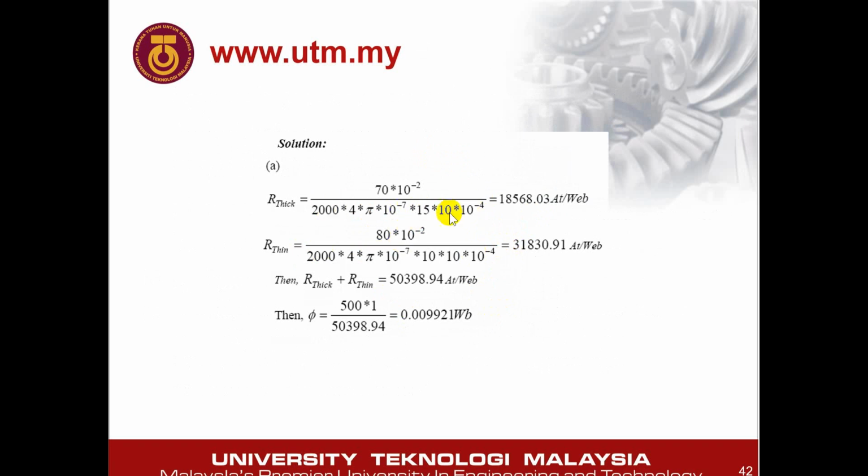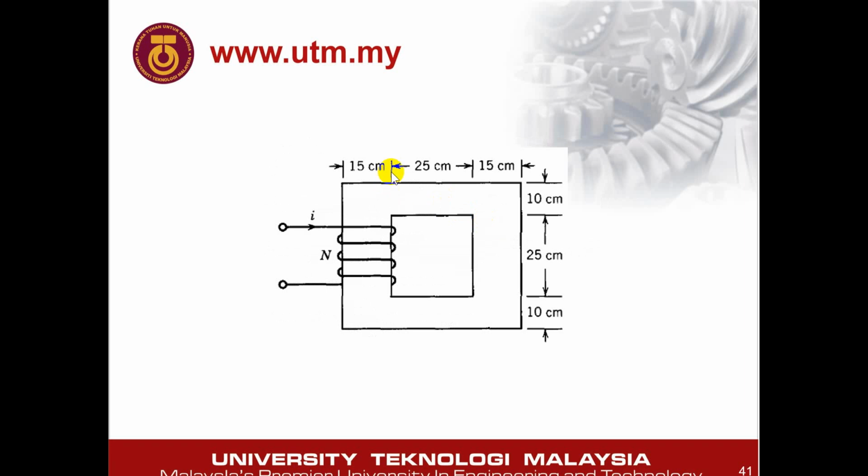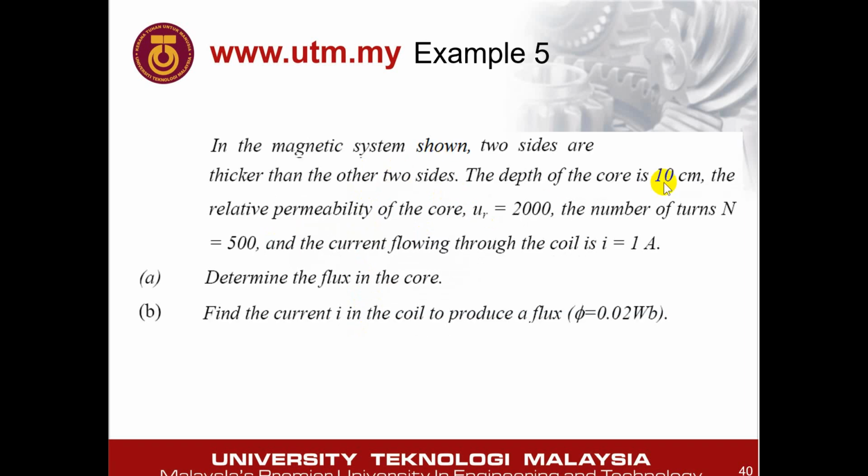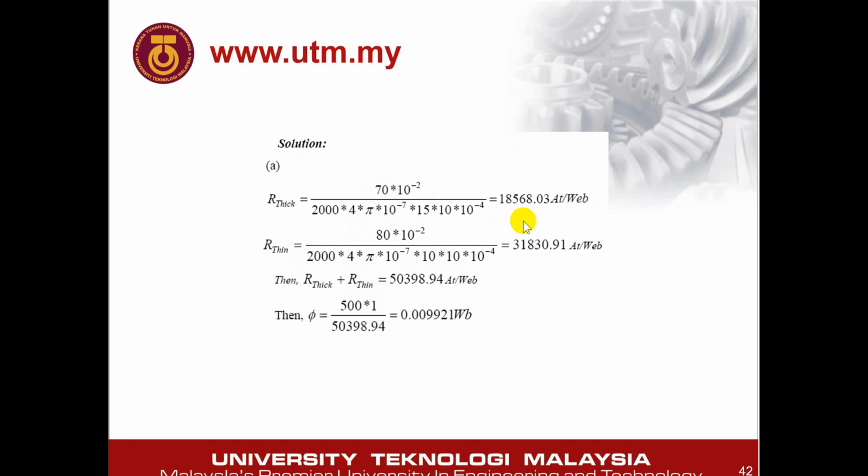For the area it is 15 by 10, because the flux moves like this, the cross section is like this. So 15 multiplied by 10, which is the thickness. So 15 times 10 times 10 to the power of negative 4, because it is in cm. So negative 2 and negative 2, so negative 4.